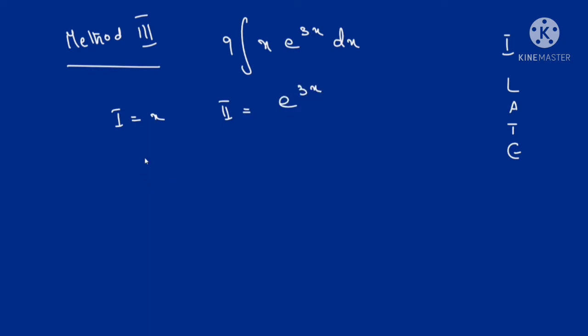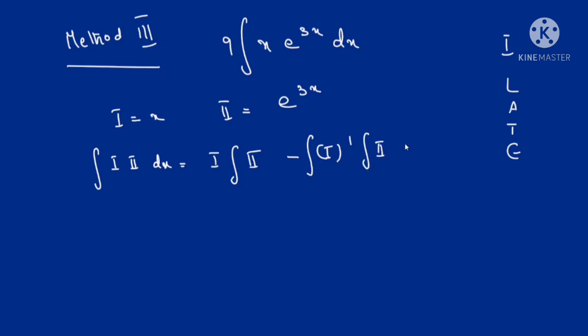So the rule is, write the first function as it is, integrate the second function, minus, put the integral sign, differentiate the first function, integrate the second function. It looks very complicated, but it is very easy.